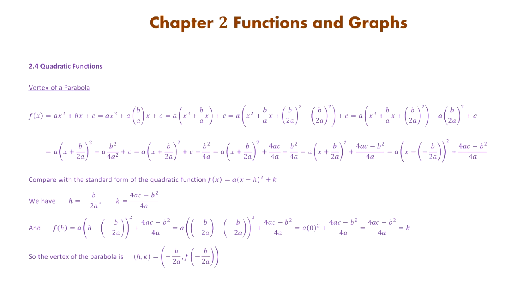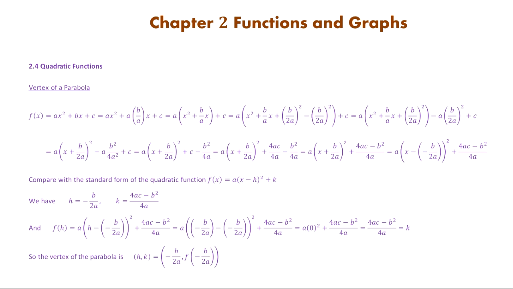So you can rewrite c as 4ac over 4a, and then combine those two terms. You get 4ac minus b squared over 4a. They have the same denominator. So we got a times x plus b over 2a squared plus 4ac minus b squared over 4a.